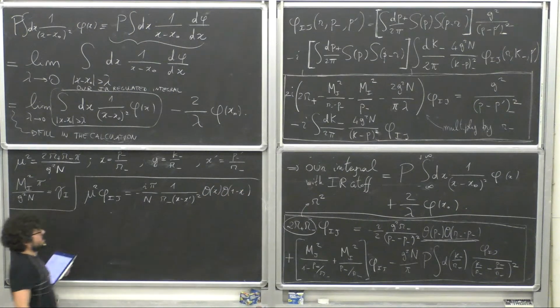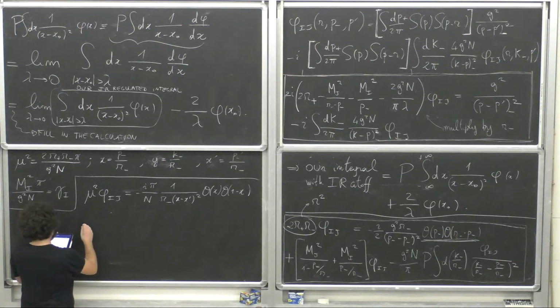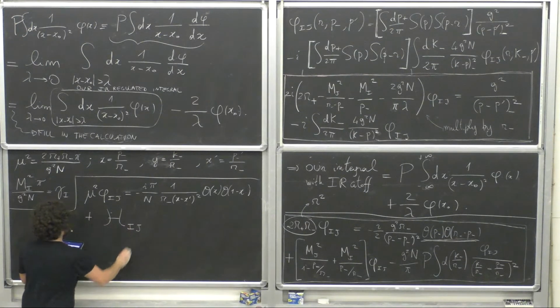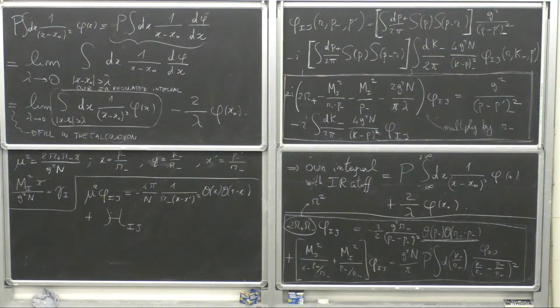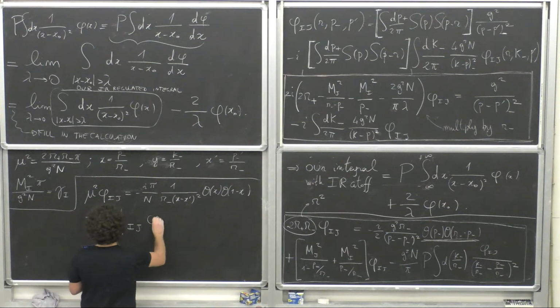So everything now in our equation is supported with x between 0 and 1. And then we have something that we call Hij applied to our phi ij.